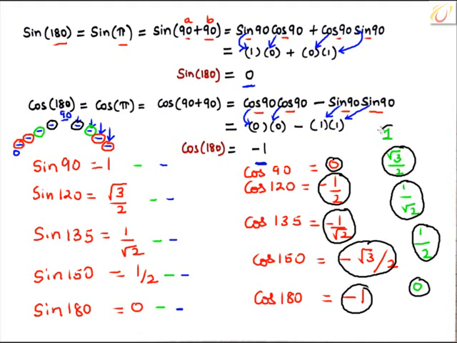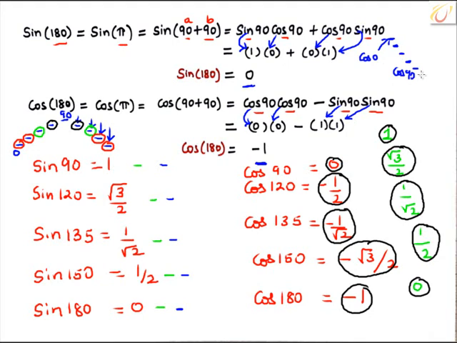Cos 0 is 1. So if we want to have a picturization of this, can we make it as somewhere here? Cos starts with 1, goes down to root 3 by 2, then 1 upon root 2, then half, then 0. So this was the value of cos 0, that is 1. This is cos 90, which is 0. Then what happens?